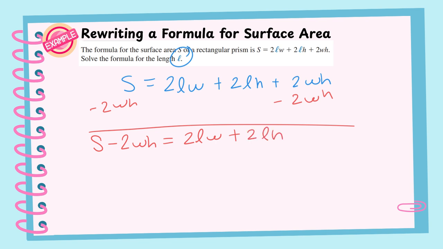Can I now factor out an L? Give me a second. We can factor out what? An L, correct? So if I factor out an L here, what else can I factor? Can I factor a 2L?